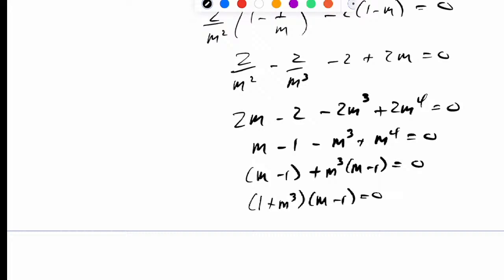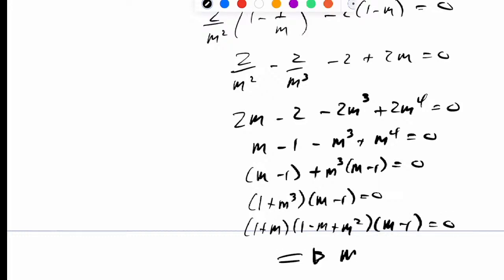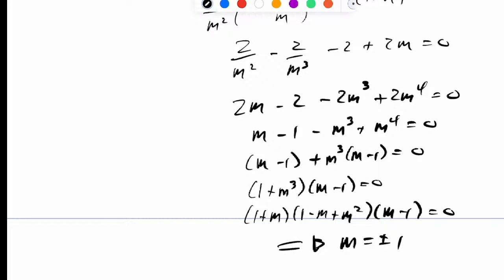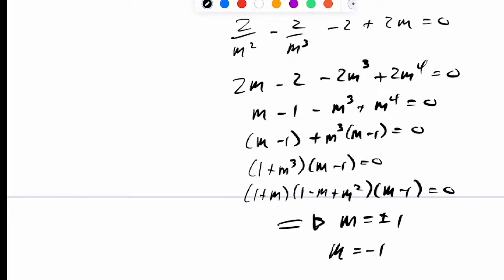So I end up getting here 1 plus m, 1 minus m plus m squared, m minus 1 equals 0. And you end up getting m as plus or minus 1. 1 we kick out. So I'm just getting m as negative 1 here.